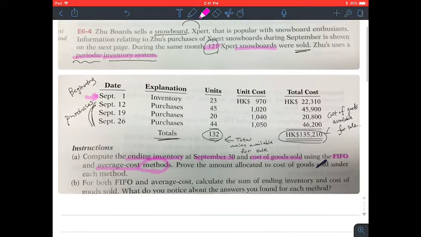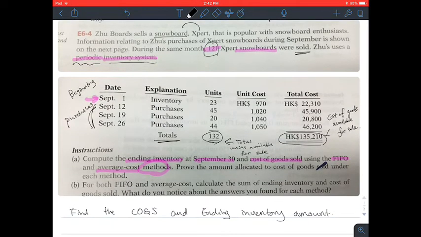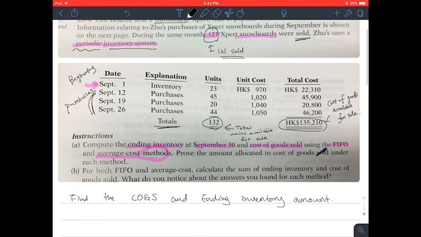Okay, so we have to find the cost of goods sold and ending inventory amount. All right. But before, it says here in the question they sold 121, right?